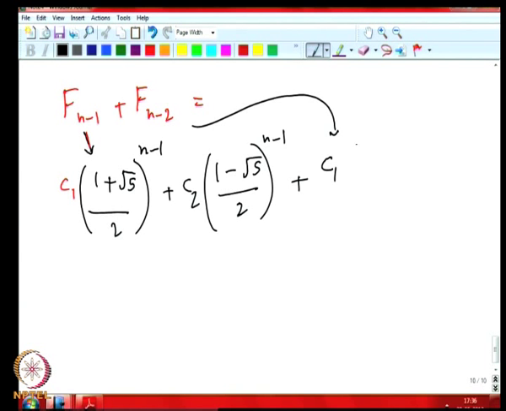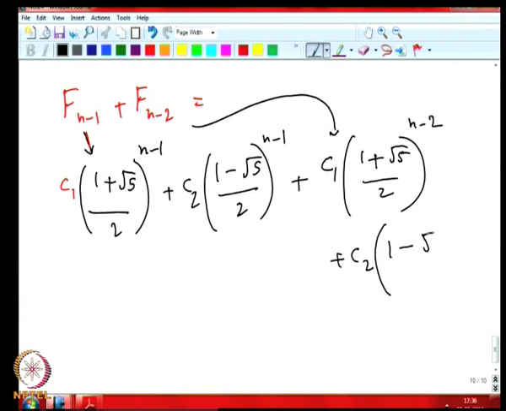So, c1 times (1 plus root 5 by 2) whole power n minus 2 plus c2 times (1 minus root 5 by 2) whole power n minus 2. Now, we can combine the terms.